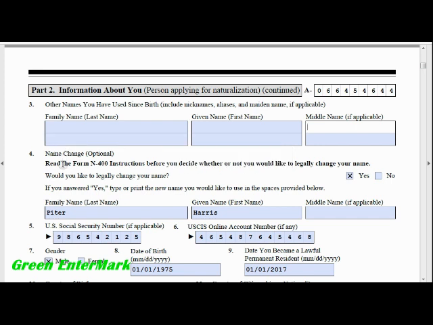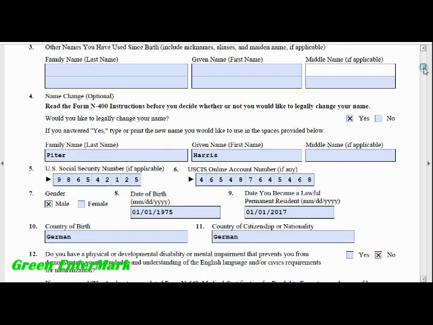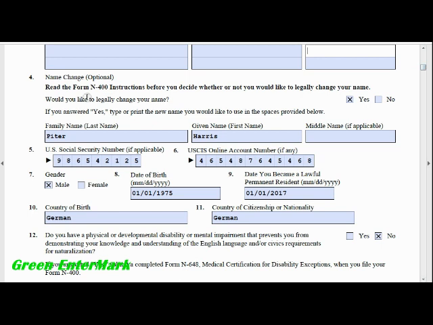Then name change. If you want to change your name, which is mentioned on the permanent resident card and other documentation, you have to mention it in part 4. You have to select yes.